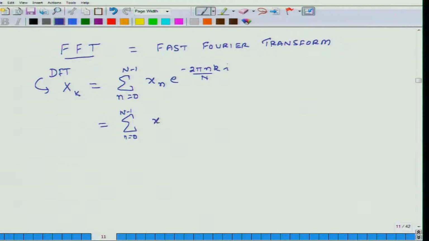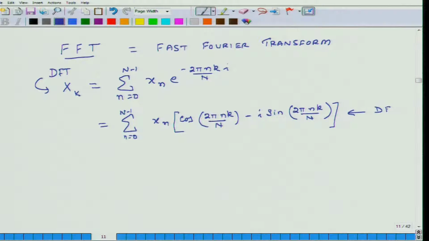So, this was x_n cosine of 2 pi n k over capital N plus sine of 2 pi n k over capital N, and there is a negative here and there is an i here, and this entire thing is in parenthesis. So, this is the discrete Fourier transform for a function x_n.